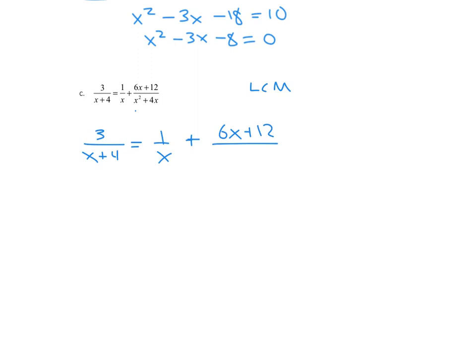But I need to factor x squared plus 4x, and I get x times x plus 4. And I see that it has 2 factors that show up in the other fractions, so the least common multiple of the denominators is going to include x and x plus 4. And so I'm going to multiply both sides of the equation by both of those factors, x and x plus 4.